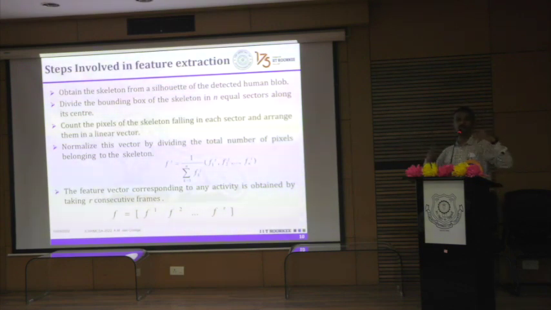So that means you are training your machine. You are saying these are the actions. For example, in a cricket match, you are telling the machine, this is meant for a sixer, this is meant for fours, this is meant for wickets.